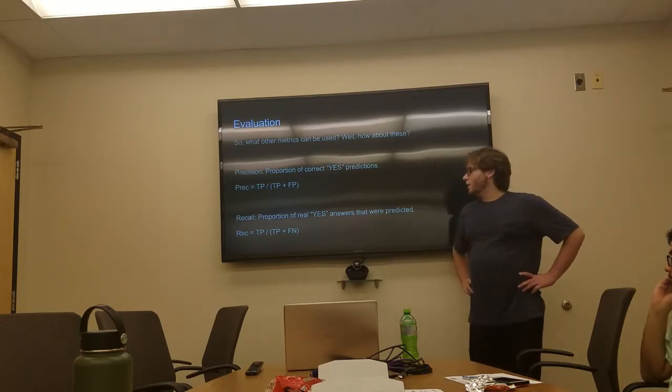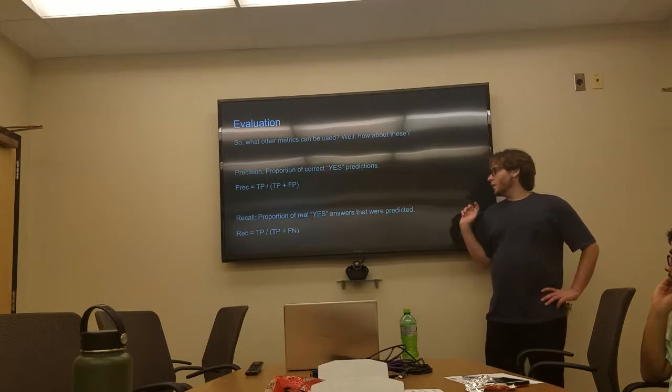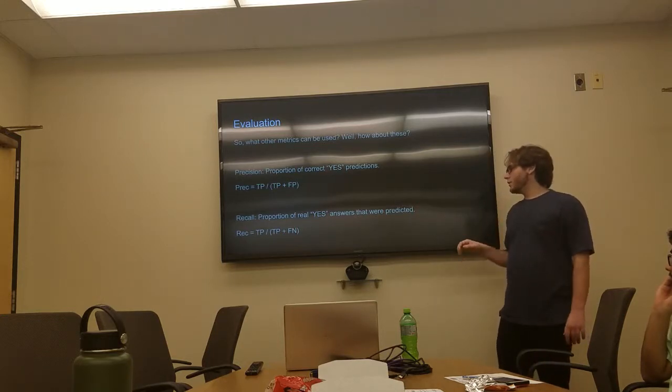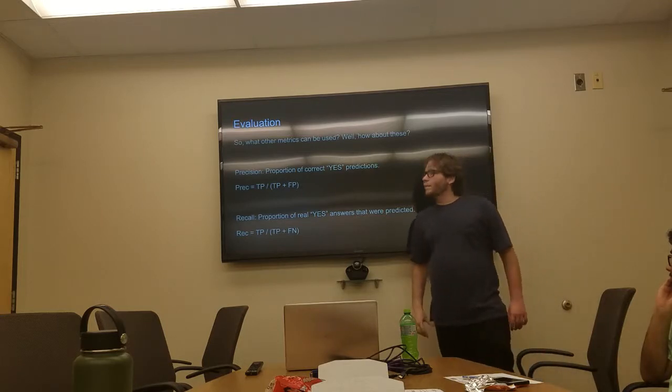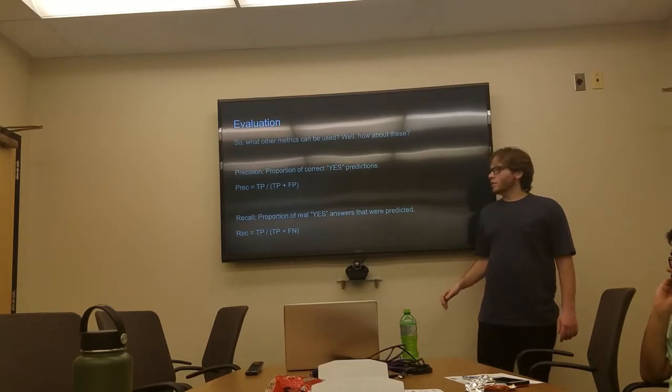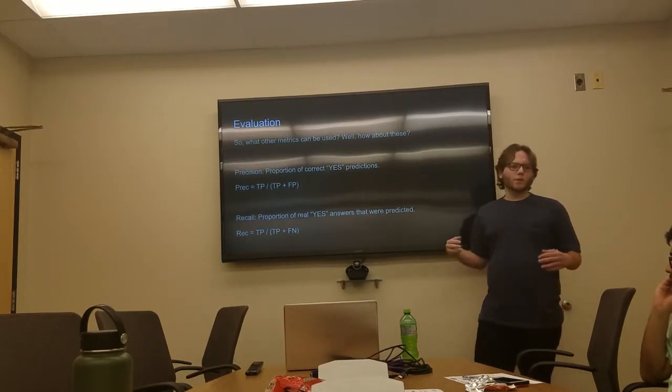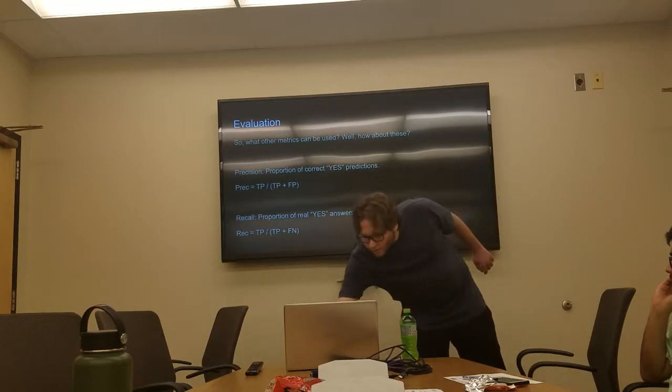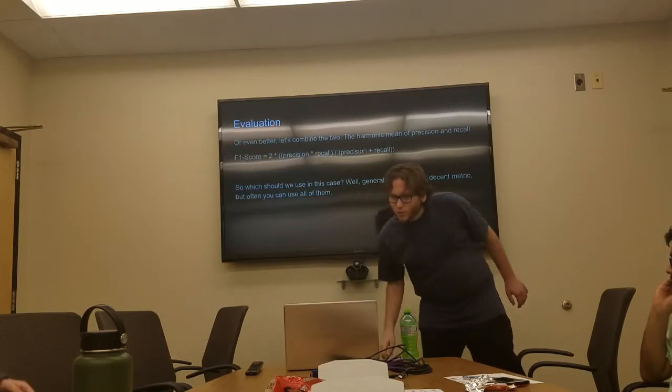And then we have recall. That is the proportion of the real yes answers that were predicted. Now I think usually these things are used together, but more often they're used in a more integrated way, and that is called F1 score.